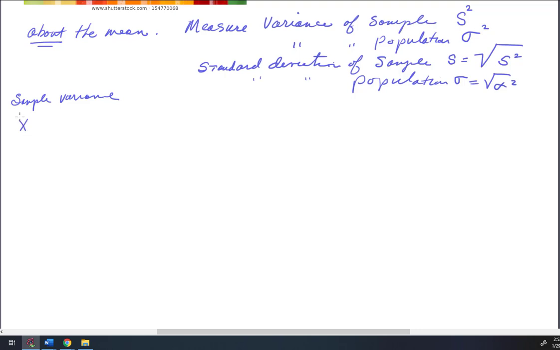We have our x bar that we've already computed from x1, x2 through xn. That's our data set. And now I want to know if these data points, are they close to x bar or do they just spread out all over heck?